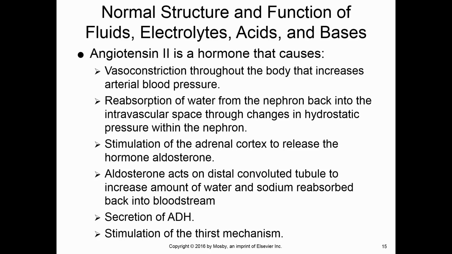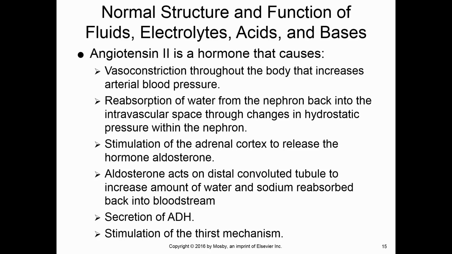So angiotensin 2 causes vasoconstriction, which increases our blood pressure. It causes the reabsorption of water that takes place in the kidney into the intravascular spaces. It stimulates the adrenal cortex to release the hormone aldosterone, and then aldosterone works on the kidneys to increase the amount of water and sodium that is reabsorbed back into the blood system.